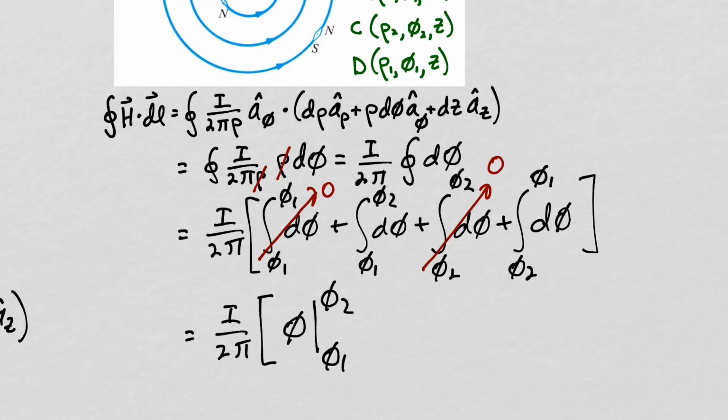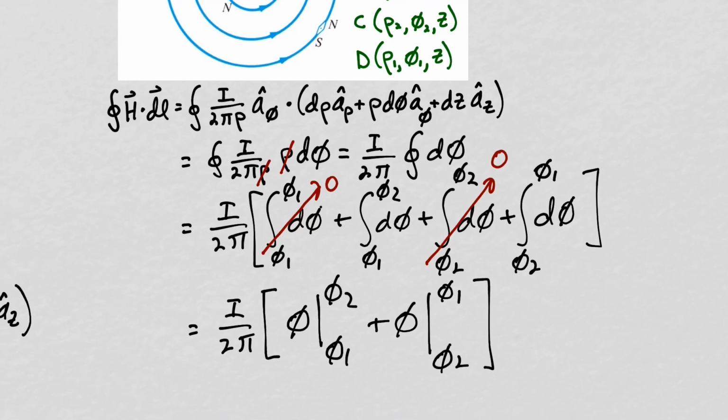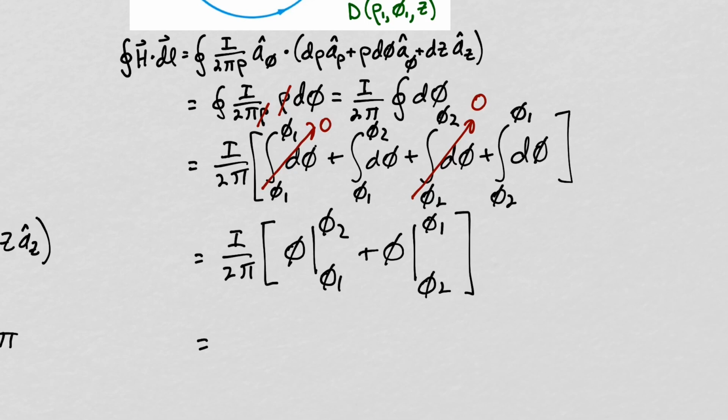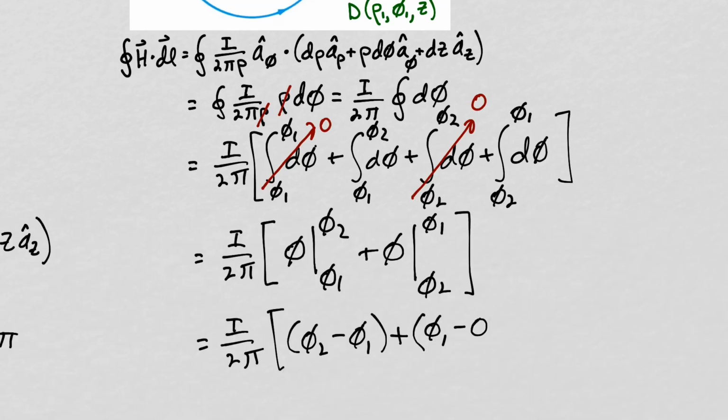And for this integral, we have phi evaluated between phi 2 and phi 1. So we have I over 2 pi times phi 2 minus phi 1 plus phi 1 minus phi 2. So that's I over 2 pi times 0, or 0.